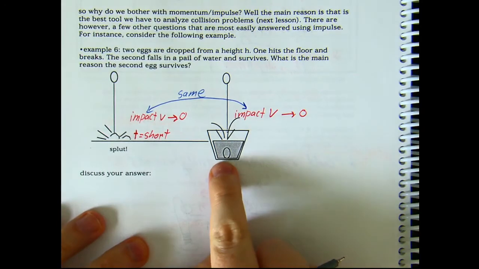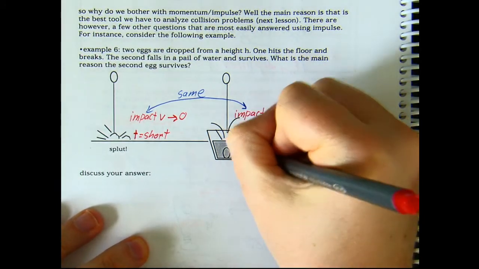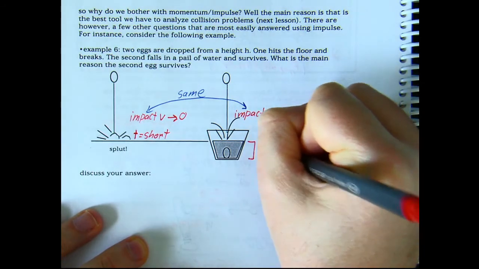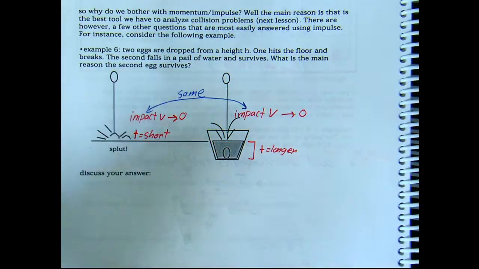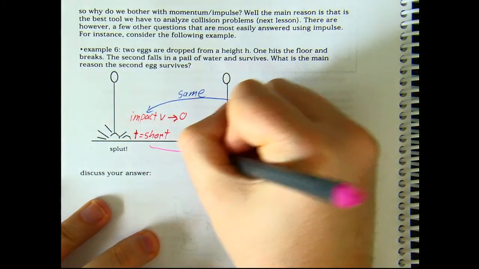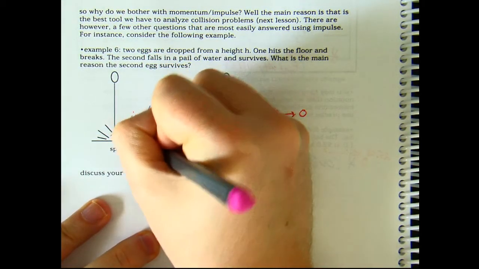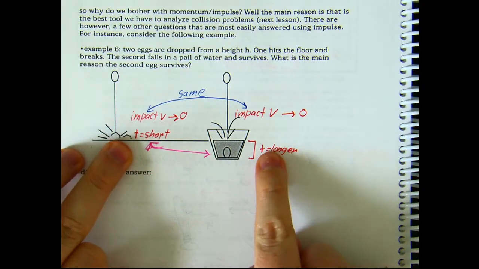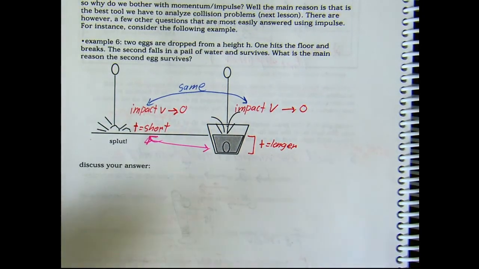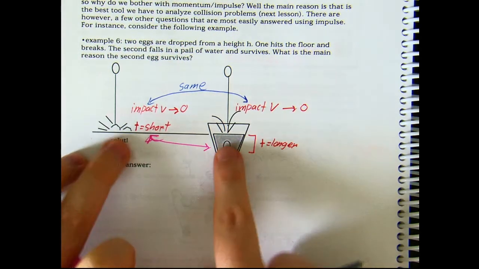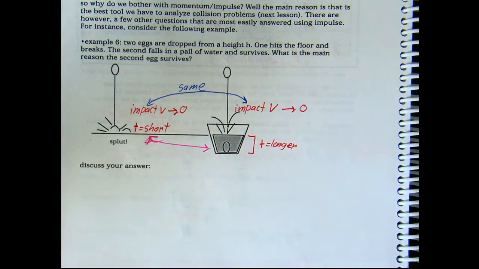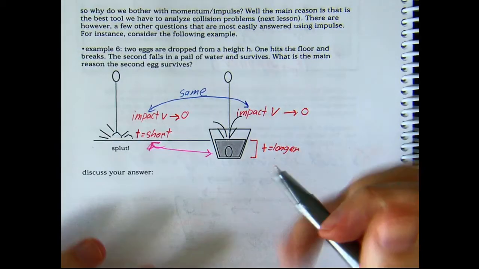This particular egg has a longer time to have that velocity brought down to nothing. We're going to compare these two guys here. There's a short time here, a long time here. Well, what does that do? We can look at the change in speed here using momentum.